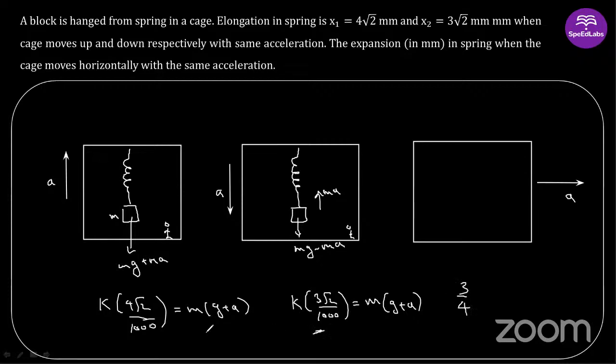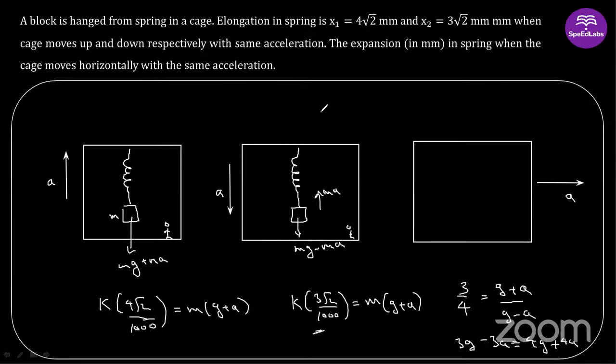I'm doing this divided by the other, is equal to g plus a upon g minus a. And when you cross multiply and solve, you get 3g minus 3a is equal to 4g plus 4a. And eventually this a comes here, so we get 7a is equal to, one second, we made a mistake.